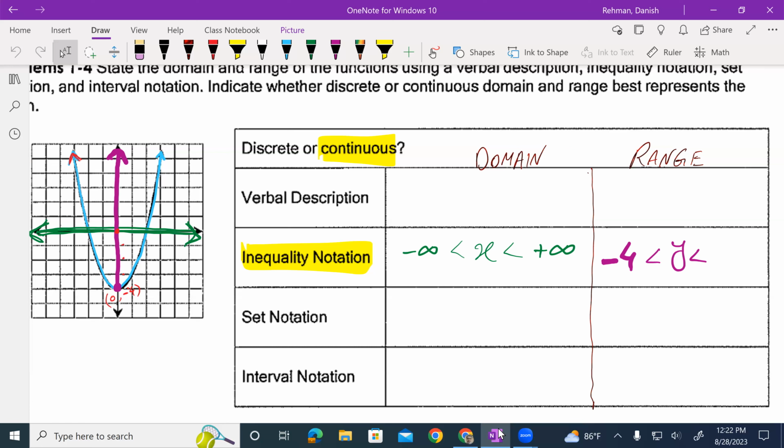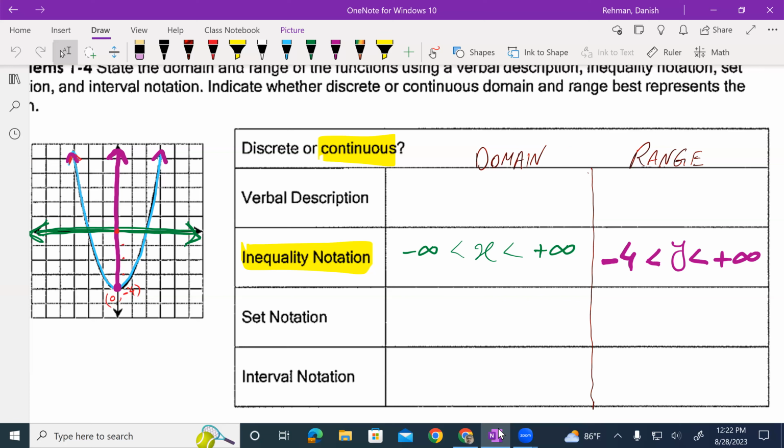So from negative 4 up till where on the upper side? How far is it going up? Arrows are telling me how far it is going up. And this arrow in the middle, it's also telling me how far it is going up? Positive infinity. That's the positive infinity.